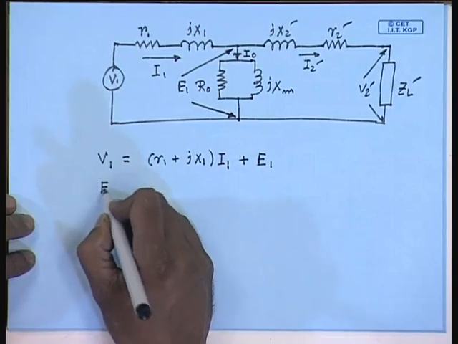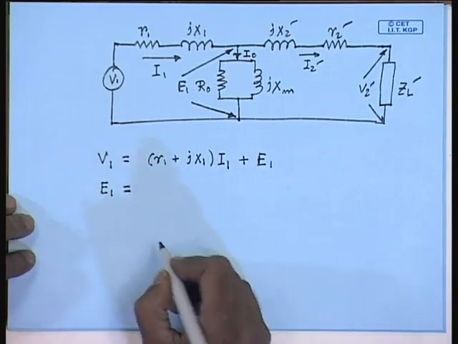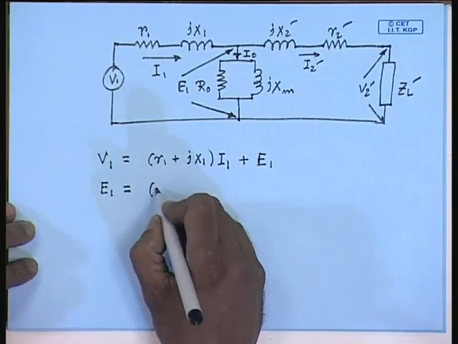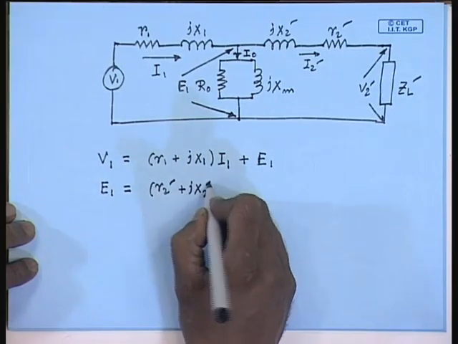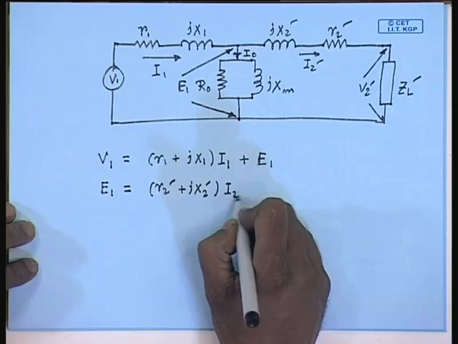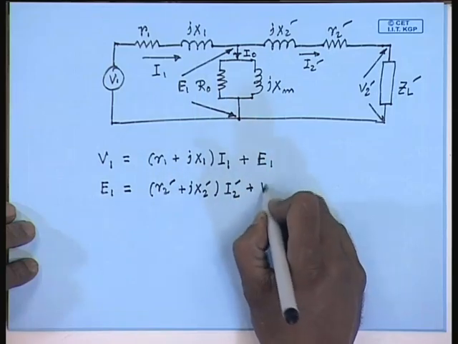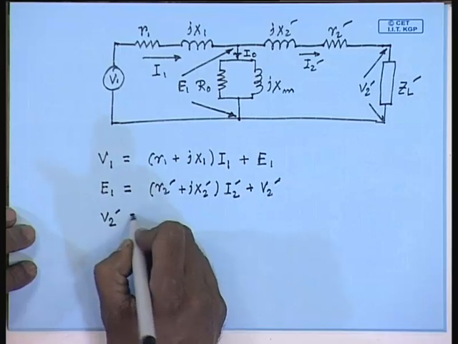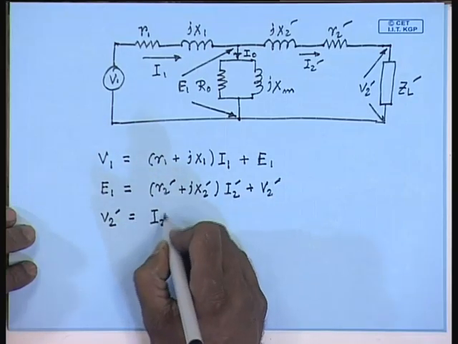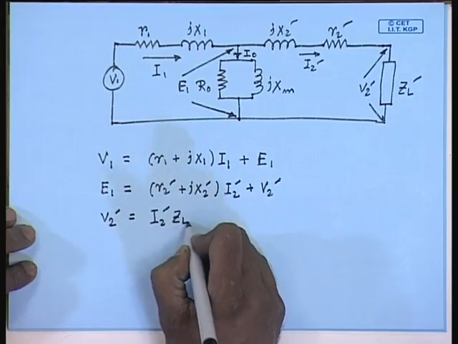E1 equal to (R2' plus jX2') I2' plus V2', and V2' equal to I2' ZL'.